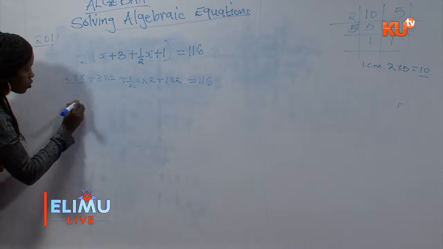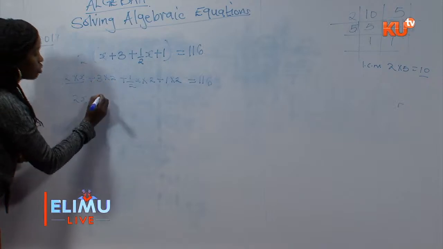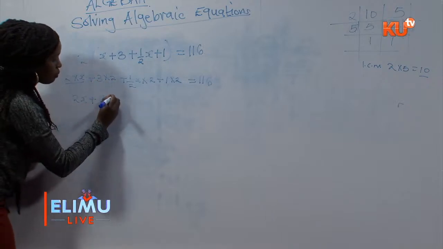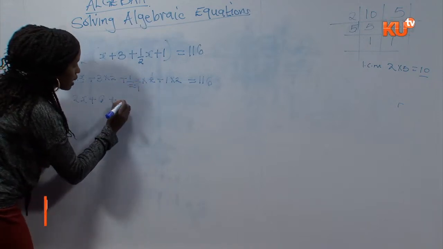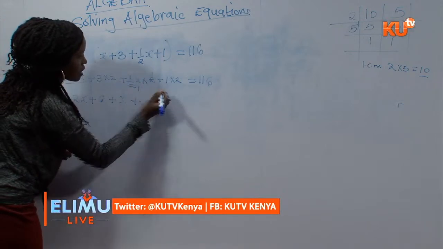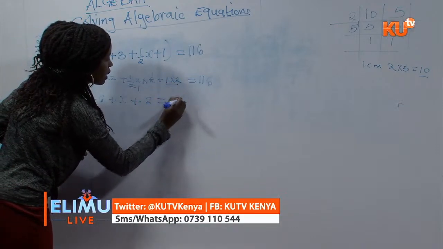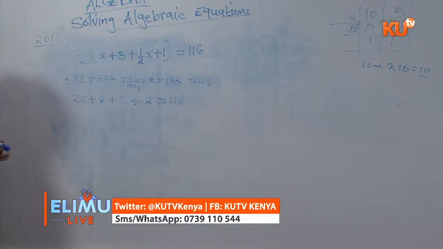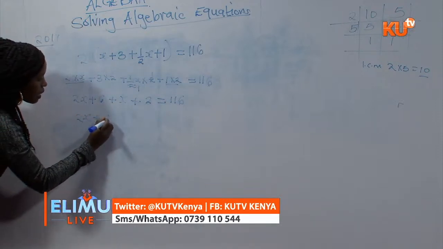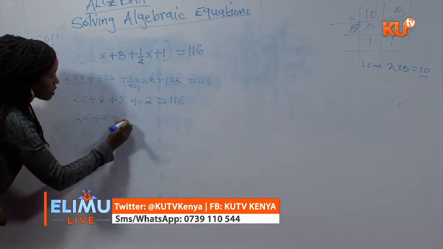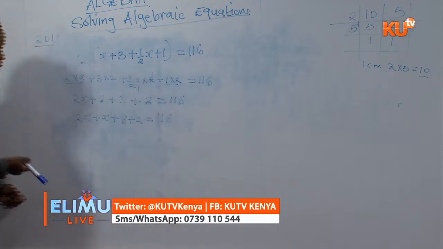So we put this together. 2 times x, we get 2x, plus 3 times 2, we get 6, plus 2 by 2, 1. So here we are going to get an x, plus 1 times 2 is equal to 116. Then from there we collect the like terms. 2x plus x plus 6 plus 2 is equal to 116.